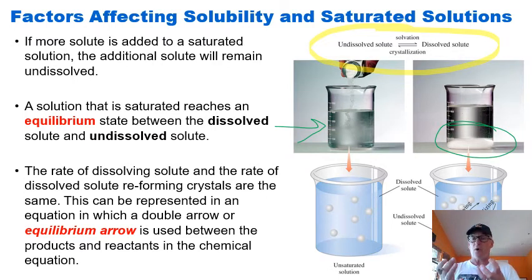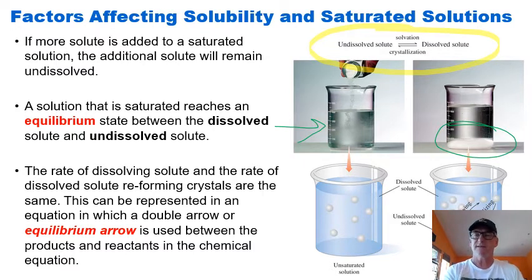Once we've run out of water to interact with the salt, once it's all interacting with salt and there's no more interactions to make, the reaction is going to start going in the opposite direction, where you're going to have things start to undissolve and fall out of solution.